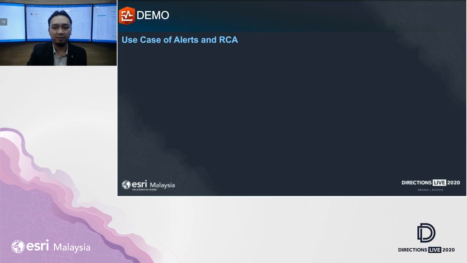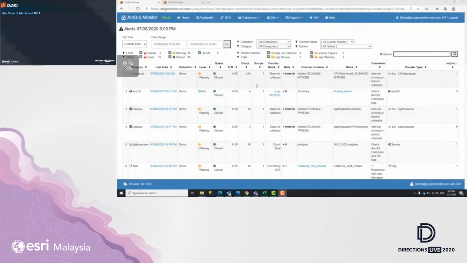So we will go straight to the scenario I told you about earlier. In this scenario, as you can see here, I use the alerts page, and I scroll down to the problem when it was happening. So as you can see here, the problem happened during this time frame.